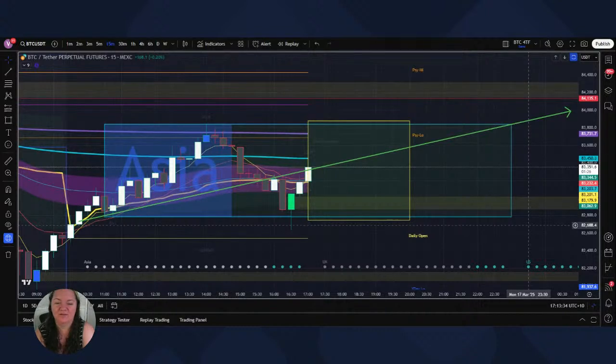So finding out this method, which I again first learned through Annie, Trade Travel Chill. Highly recommend, go check out Annie. She has a video on trading the Asia range and London session. I highly recommend having a look at that, seeing the way she does it slightly different to me. She uses different indicators. She draws it differently, but the timing and everything is based on the pattern that I learned from her.